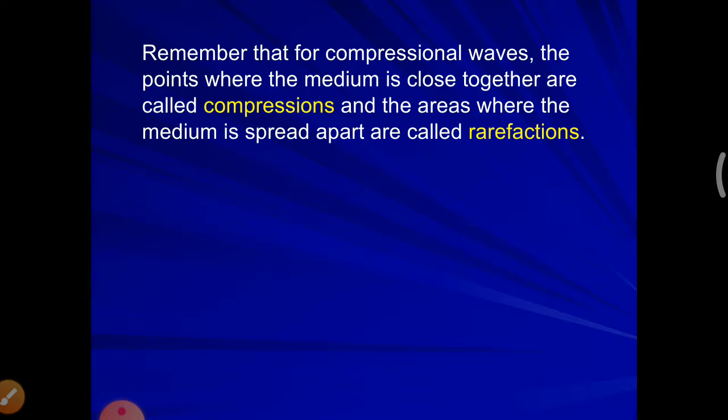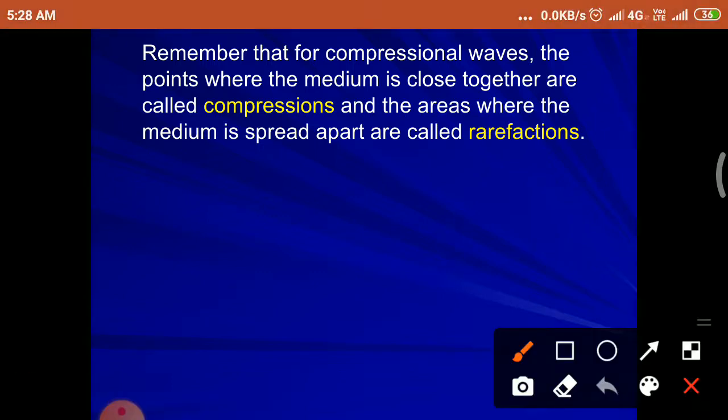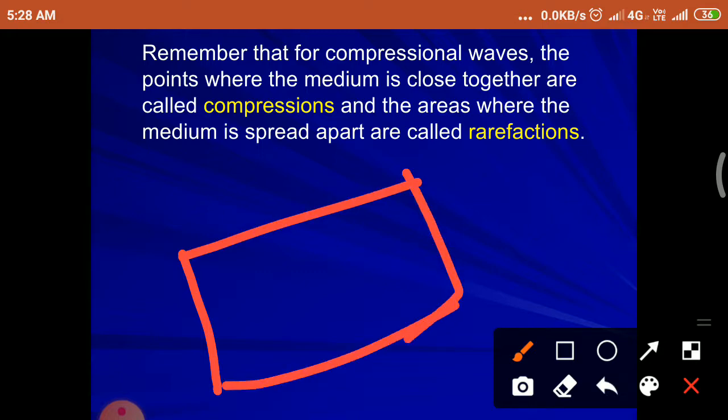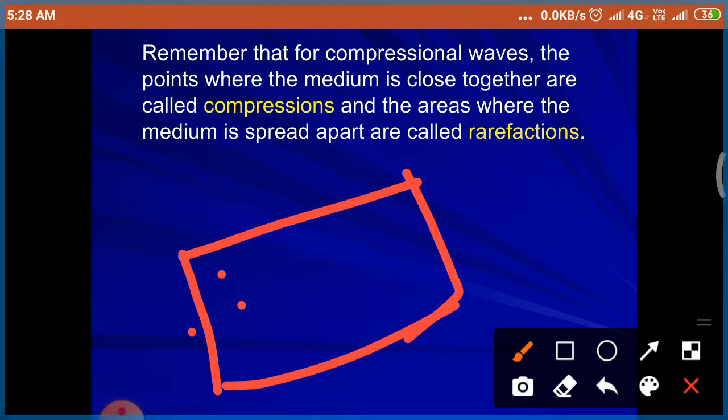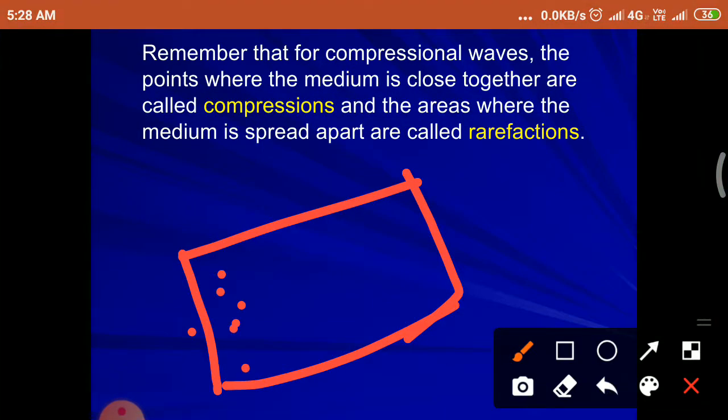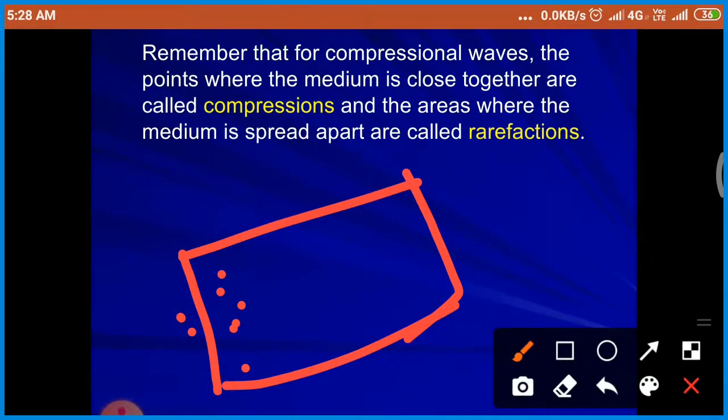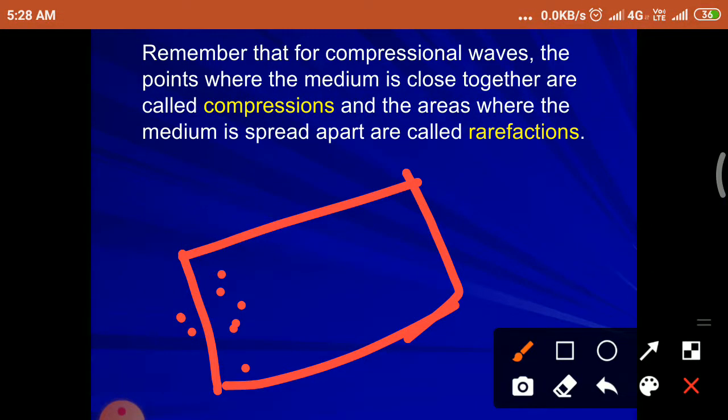Remember that for a compressional wave, the points where the medium is close together are called compression, and the areas where the medium is spread apart are called rarefaction. This concept we already know: if the particles are close together, that is called compression. If the particles are less, that is called rarefaction.